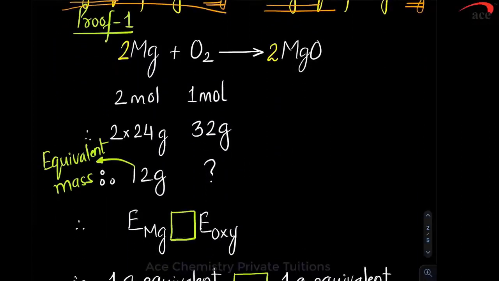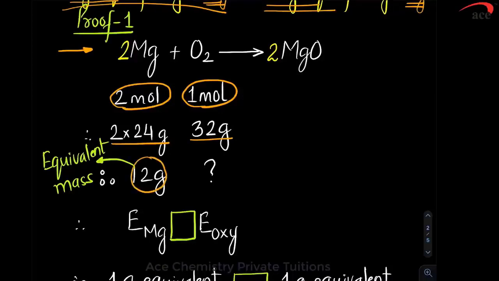We will try to see how correlation happens in equivalent mass. So, if you take a reaction, magnesium reacts with oxygen to give you magnesium oxide. From this, we know 2 mole of magnesium reacts with 1 mole of oxygen, that is 2 into 24 gram of magnesium reacts with 32 gram of oxygen.